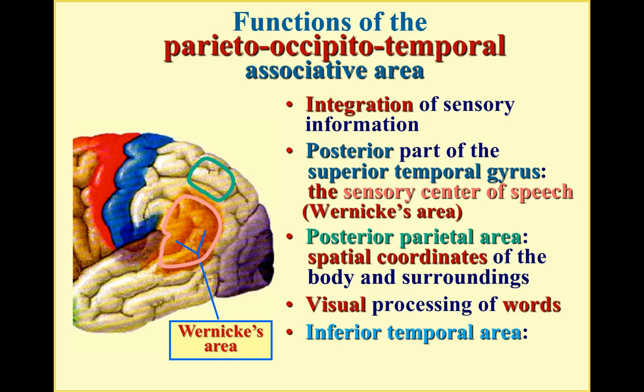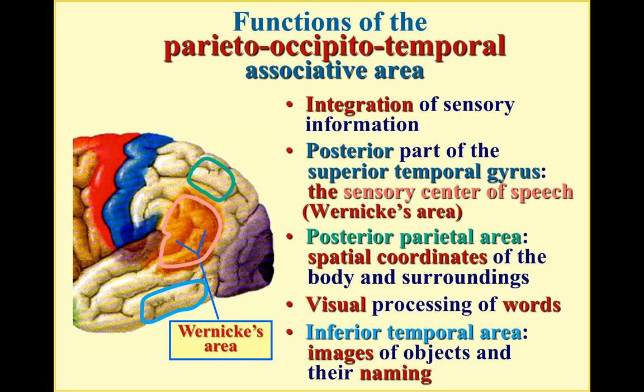Then, inferior temporal area, approximately here, is involved in keeping the images of objects and their naming. And it was established in experiments when specific techniques of visualization of the brain functioning were used, and tested persons were asked to think about certain objects, to imagine these objects, or they were suggested objects, and naming was required.